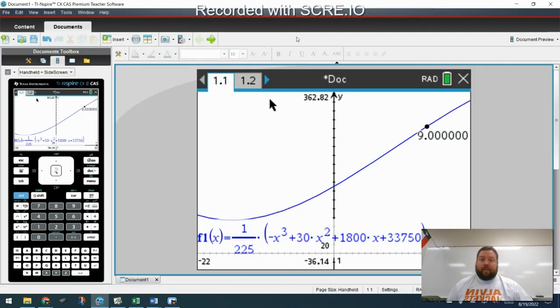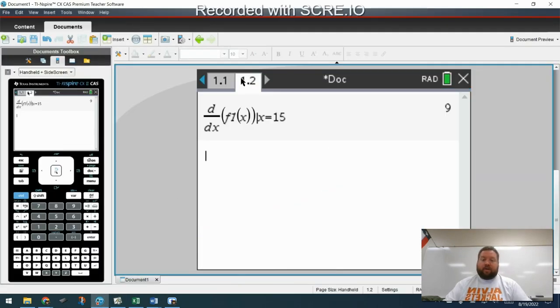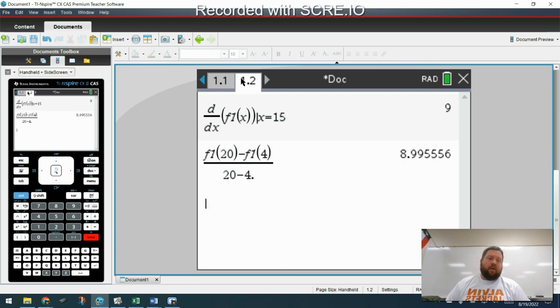Okay, so back to my calculator page. I'm going to hit Control divided by, it gives me a fraction. And then F1, once again, I'm using that function, F1 of 20 minus F1 of 4 divided by 20 minus 4. All right, I want decimal form, so I'm going to put a decimal point after that 4. So I make sure I get decimal form. There you go. 8.996.